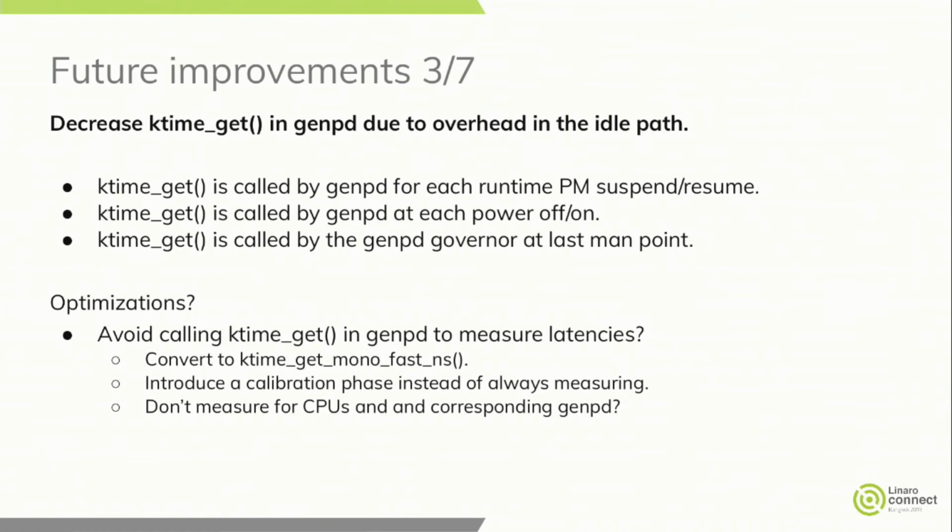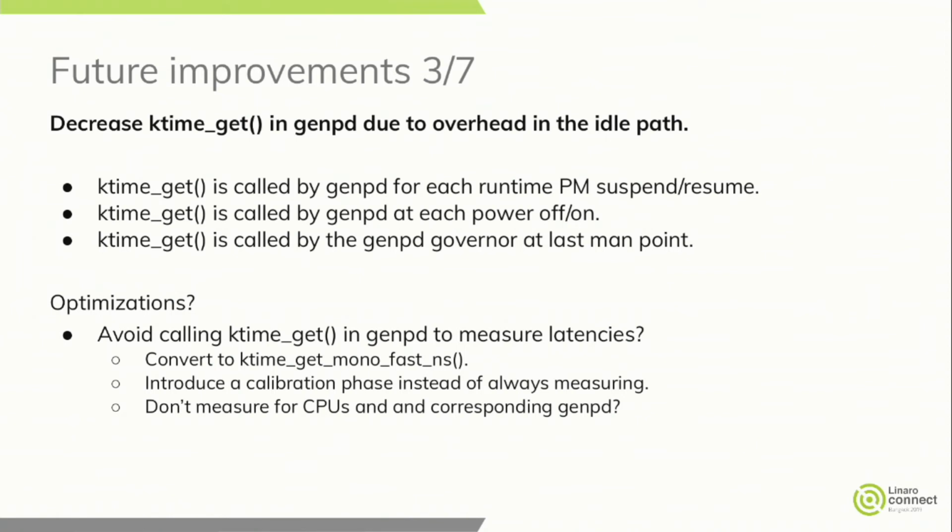I think we're moving into more of the optimization things that I've been considering. In the idle path, when you do the state selection, using k-time get can be a little bit costly, so you don't want to do that too often. In the regular idle path, we have one k-time get being called in the core part of the idle path, and the result from that is shared through the different layers in CPU idle.